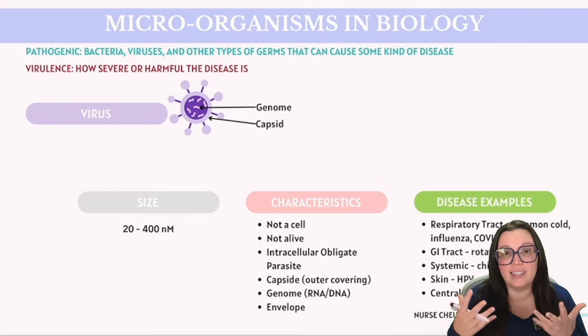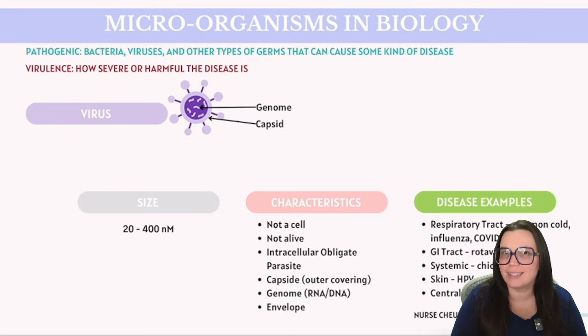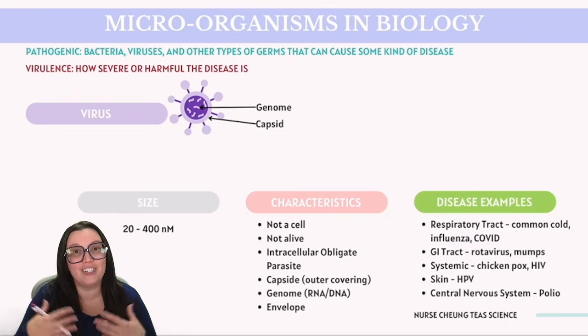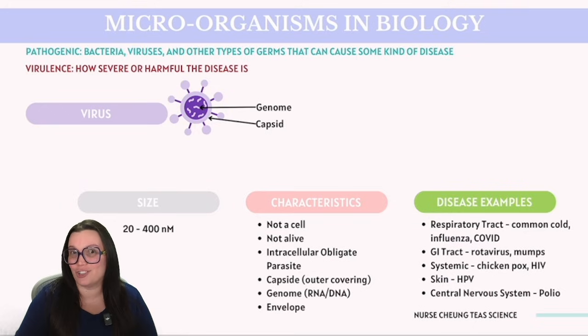The impact of a virus on the body and its pathogenicity depends on where it infects. Different viruses target specific regions, such as the respiratory tract, your gastrointestinal tract, systemic, skin, central nervous system, just to name a few. For instance, the common cold, influenza, and COVID affect the respiratory system, while rotavirus and mumps are prevalent in your GI tract, especially in children.